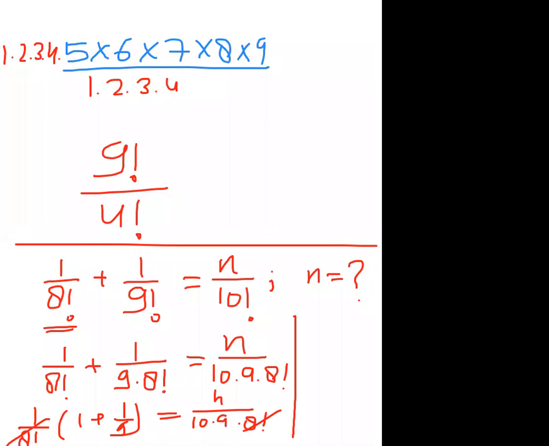I'm taking LCM: 9 plus 1 equals n upon 10 into 9. So the value of n is coming 10 into 10, that is 100. Like this way also we could calculate the problems.